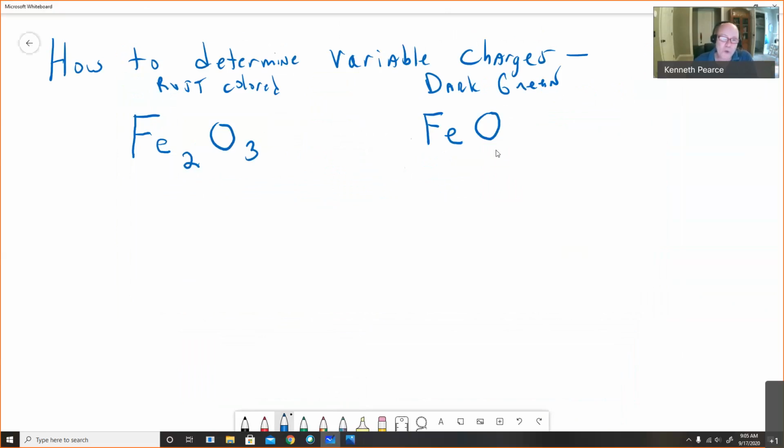Now, what we do is we take the piece that you know, and you use that to determine the piece that you don't know. Okay, so we're looking for the charge on the iron. Now, what do I know over here? I know oxygen is O2 minus.